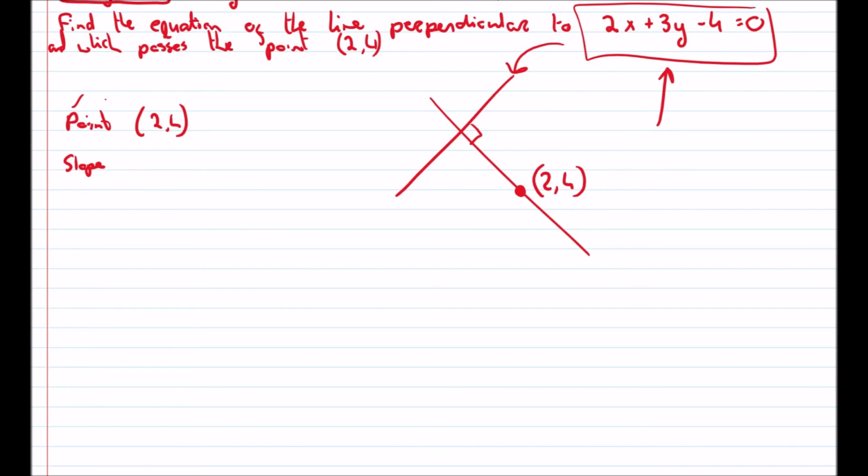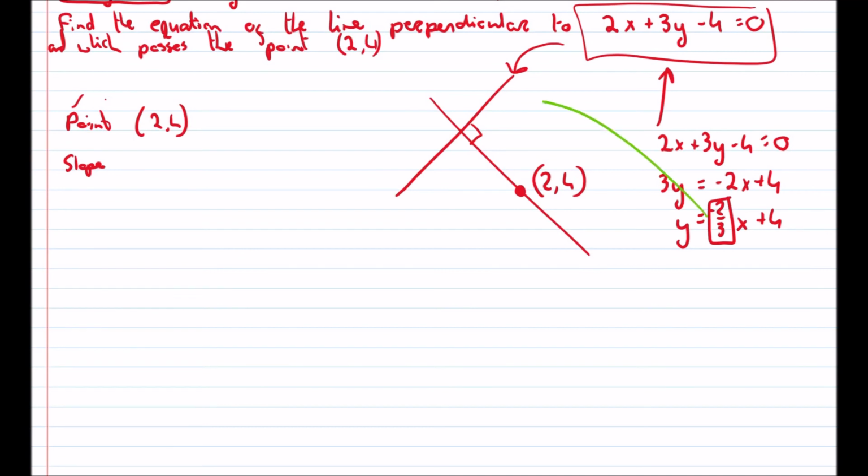So that will give us 2x plus 3y minus 4 equals 0. So that's 3y equals minus 2x plus 4. y equals minus 2 over 3 x plus 4 over 3. So there's the slope of that line. The slope of this line now, we just flip it upside down, 3 over 2, and change one of the signs. Remember, it was a minus, so I'll just change it to a plus.